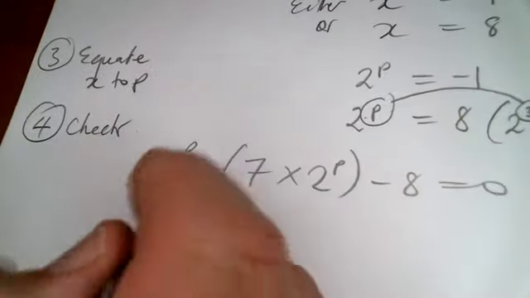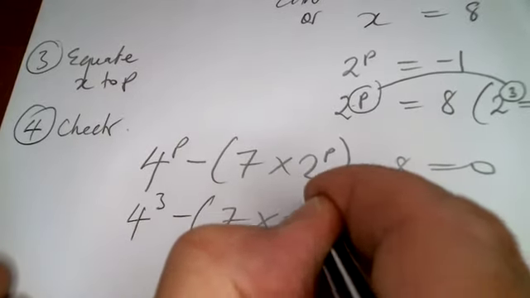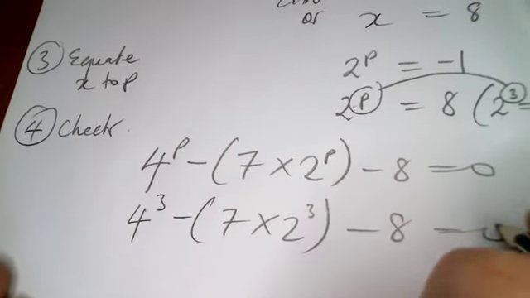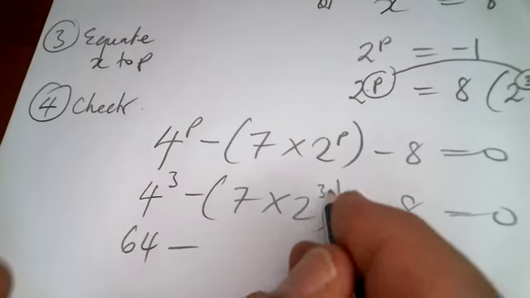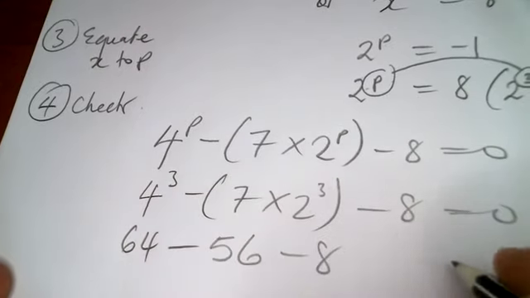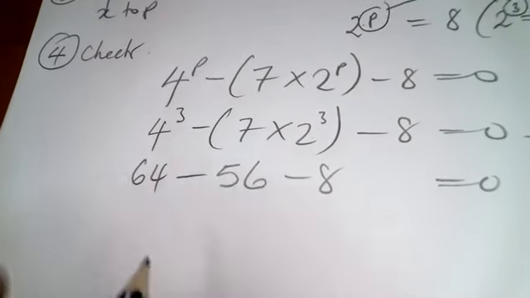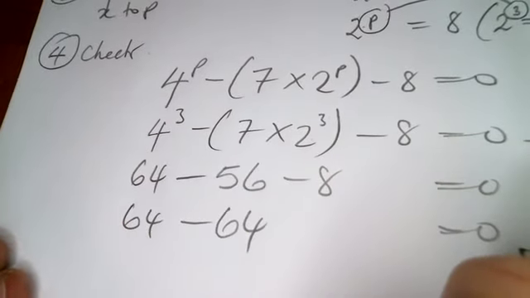Here it goes. So I've got 4 to the power of 3 minus 7 times 2 to the power of 3 minus 8 is equal to 0. Now 4 to the power of 3 is 64. 2 to the power of 3 is 8. 7 eights are 56. And I've got a minus 8 on the end. Is that true? Well, 64 minus 64 is indeed 0.